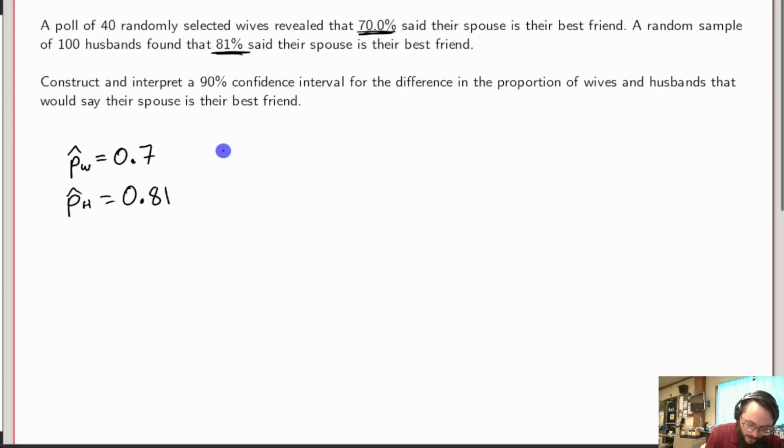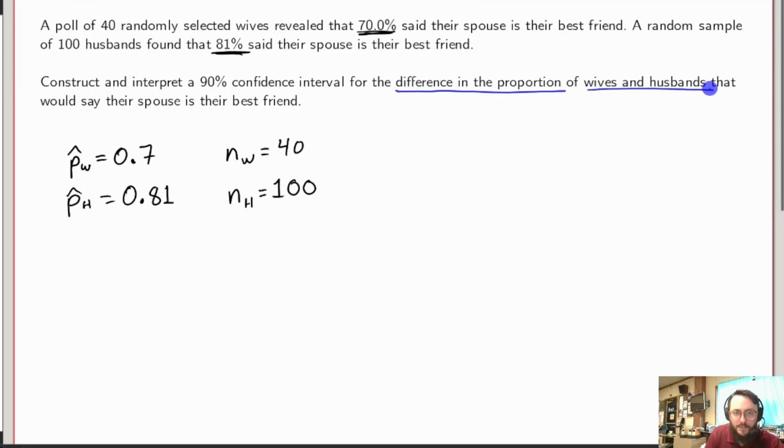The sample size for the wives is 40, and the sample size for the husbands is 100. Now we want the confidence interval for the difference in proportion of wives and husbands that would say their spouse is their best friend.